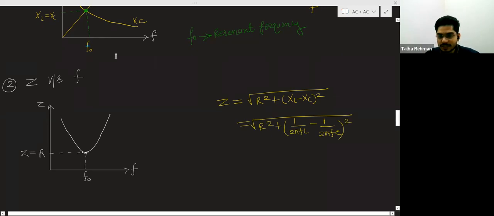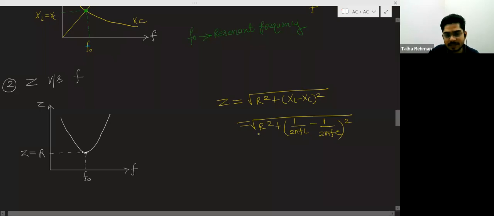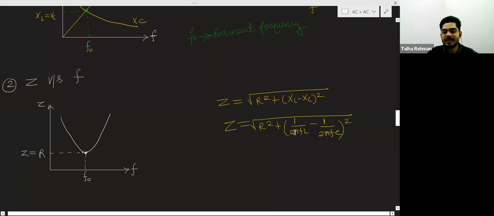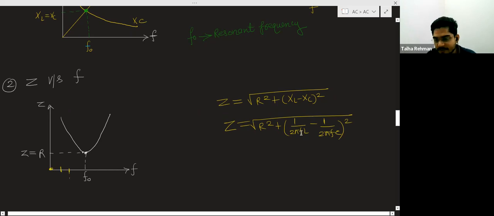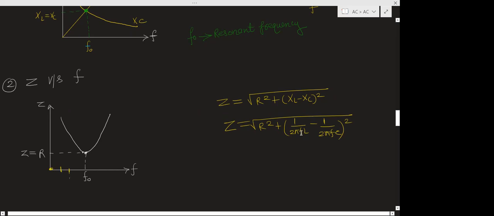Now see the frequency. This graph is between Z and the frequency. Start from this point, and suppose you increase the frequency.